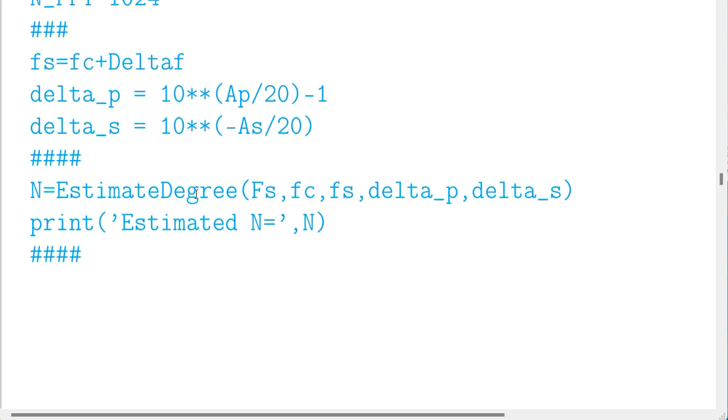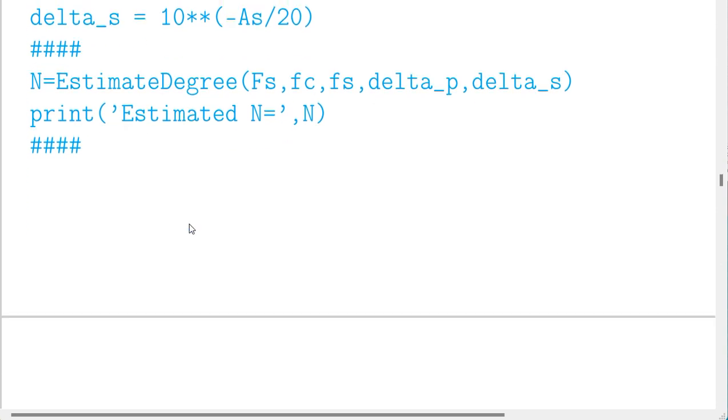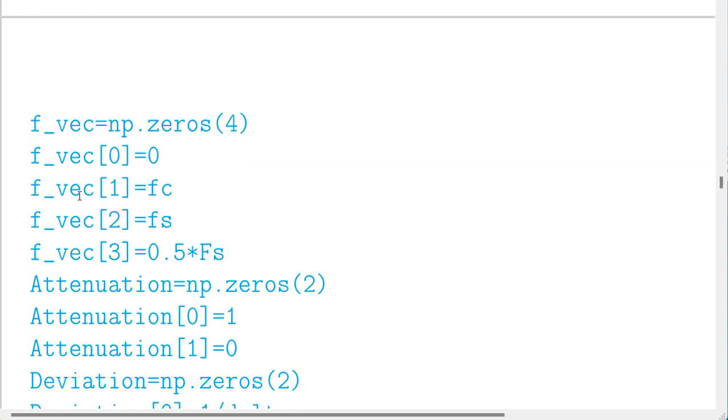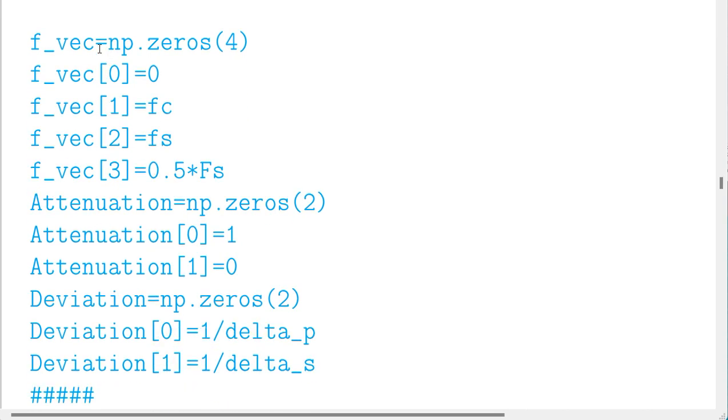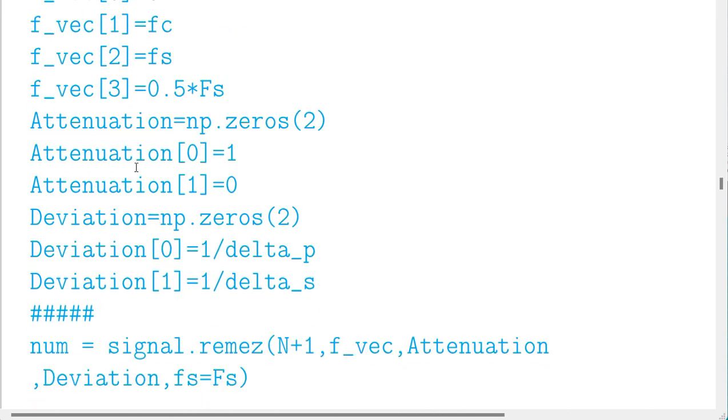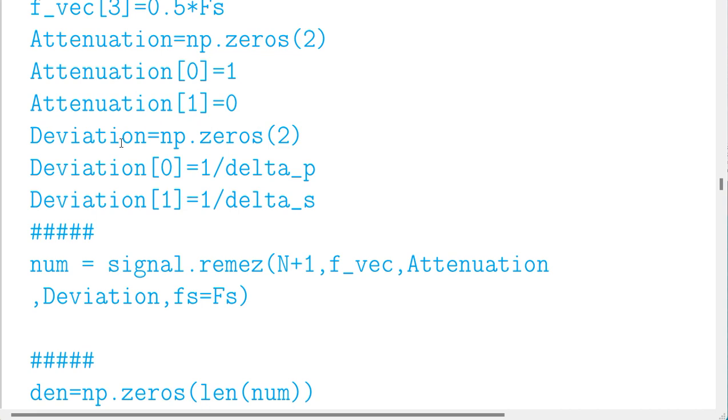N, estimated degree, from Fs, Fc, Fs, delta P, delta S using the equation we just showed in the lecture note and using it later, initializing the variables, okay, and using the command remez, signal.remez, N plus 1, f vector, attenuation, deviation, and stop band.